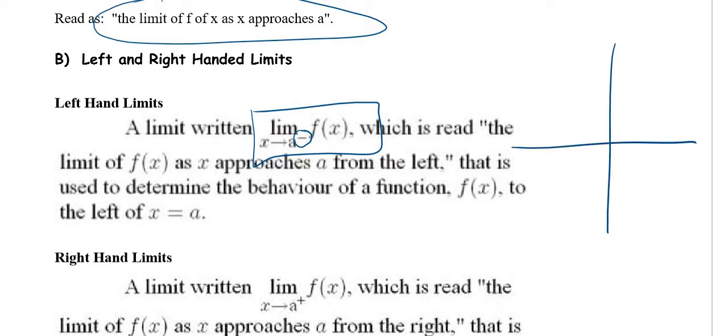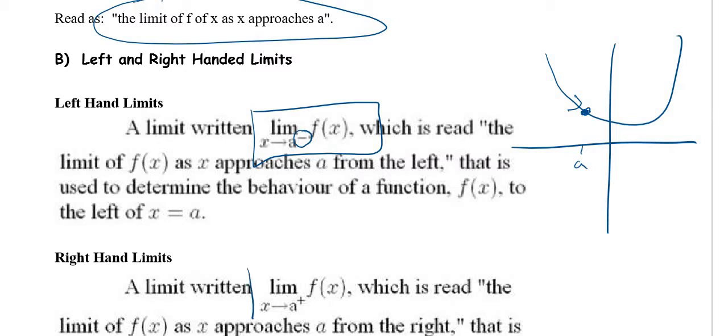Basically, let's take that parabola example again. What this means is we're looking at, from the left, where's our curve headed? So what is the y value that we're approaching on this side?